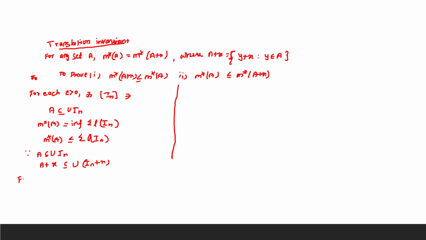Now, for each epsilon, m star of A plus x is less than or equal to the summation of the length of In plus x. Now, we know that the length of the interval In is the same as the length of the interval In plus x. Now, this is equal to the length of In.